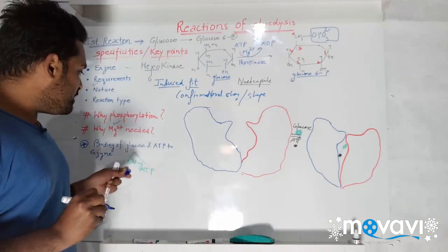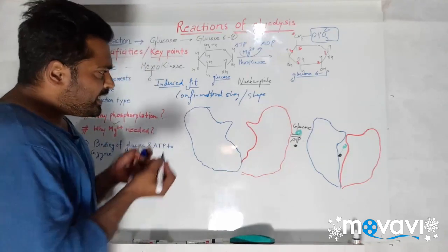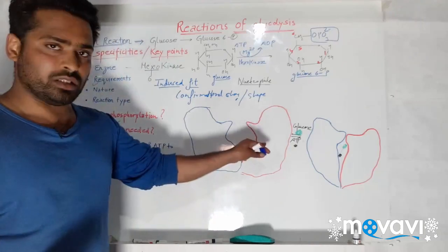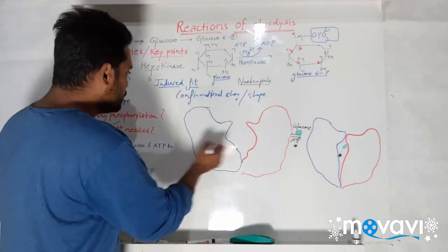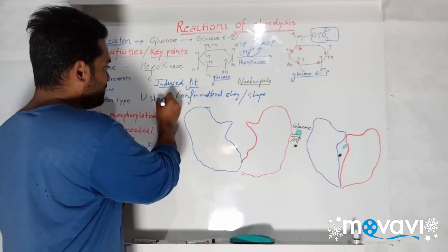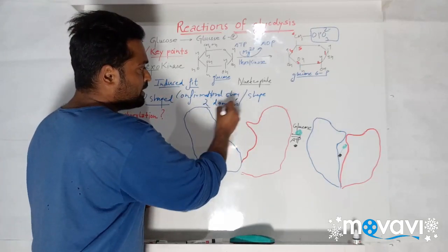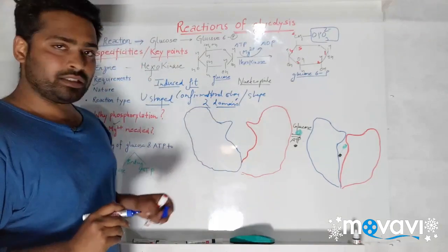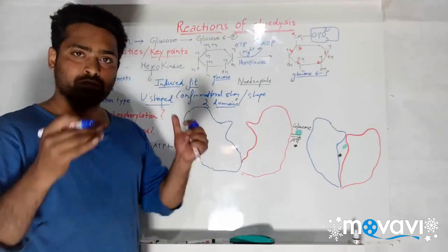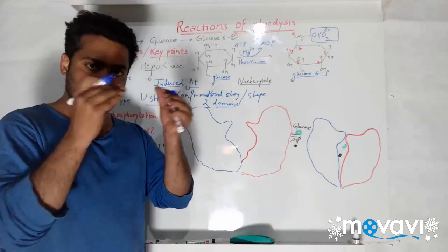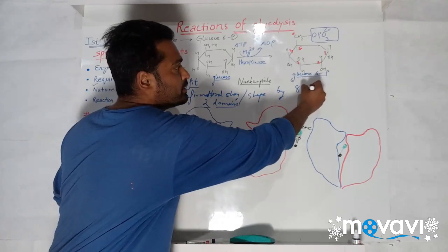Now when the enzyme binds to ATP, you can see there are two domains, the red and the other green, this blue. So this is a U-shaped molecule. Two domains are there. When ATP binds to these domains, it brings these two domains closer, by 8 angstrom.